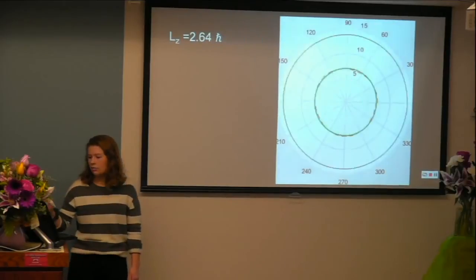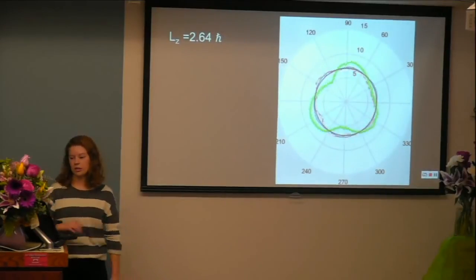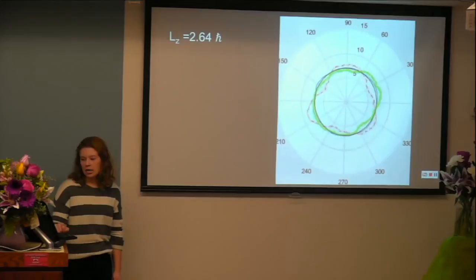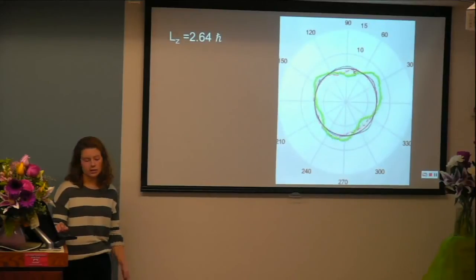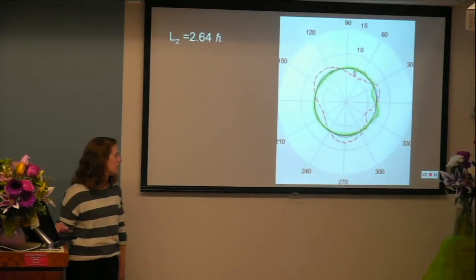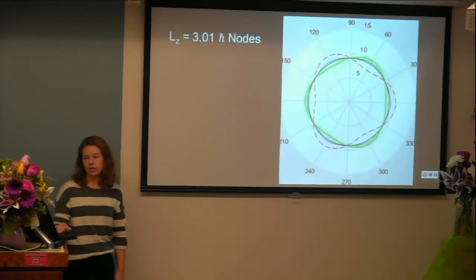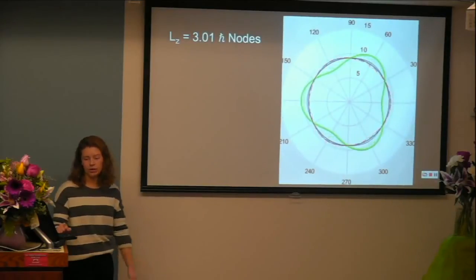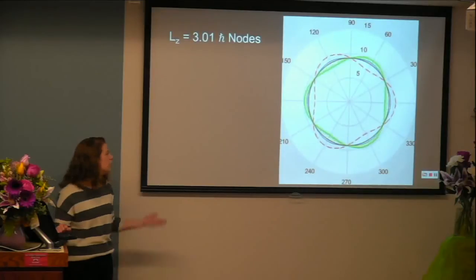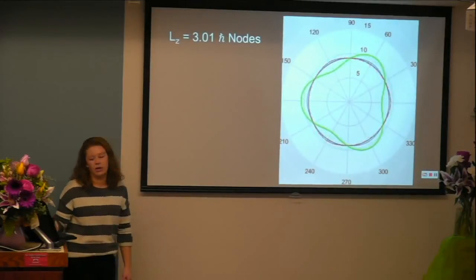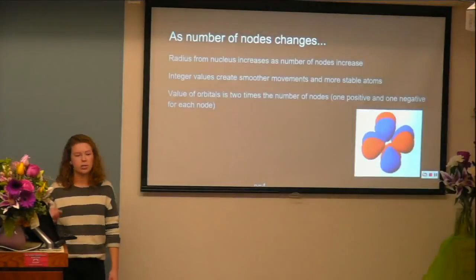And then moving forward, here's 2.64 nodes, and this is unstable once again because it's not an even integer. And then finally, here's 3.01 nodes, and this is stable once again, and that blue line is unmoving, so it's happy in its current position.